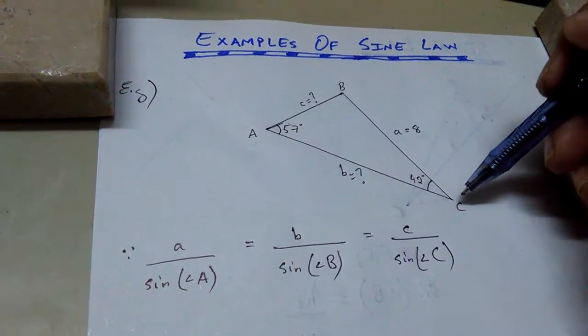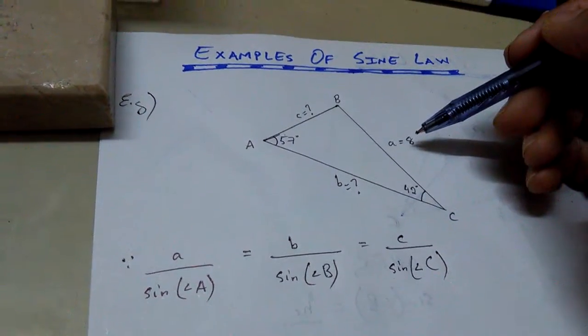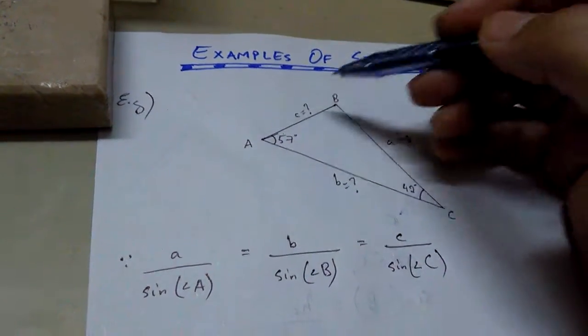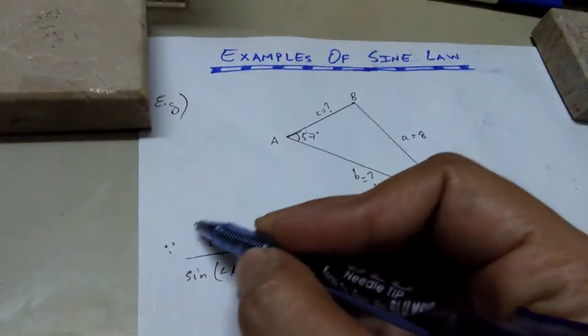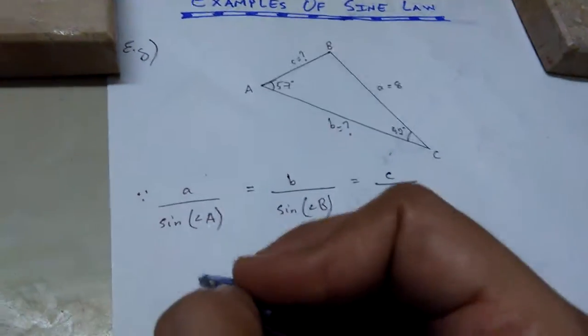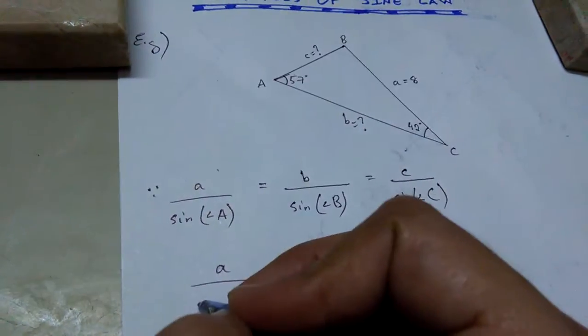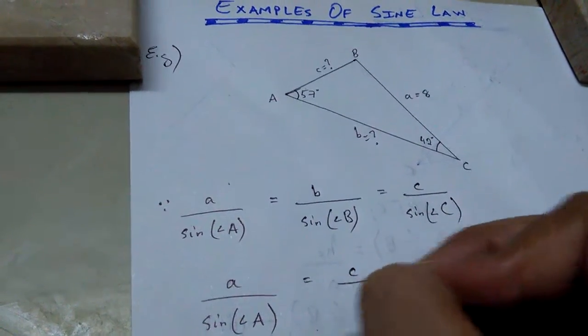Angle A, angle C, and side small a are provided. So we can easily find this side c if we pick up these two ratios, and write that this ratio is equivalent to this ratio.